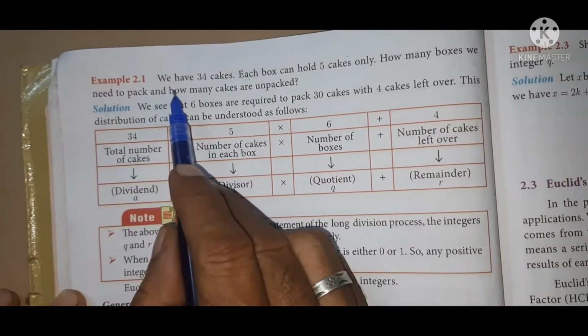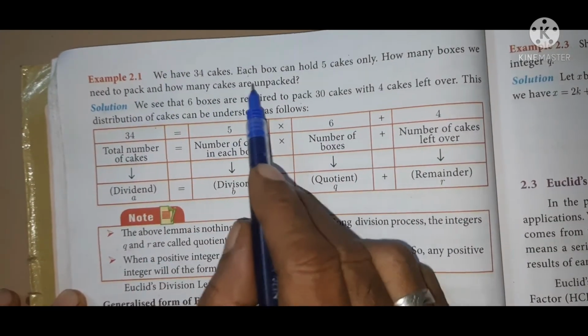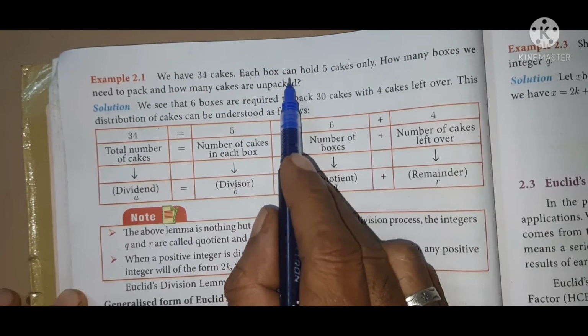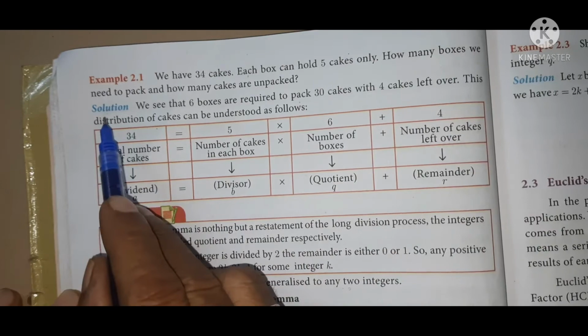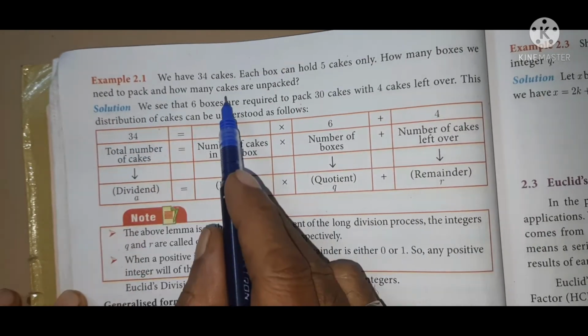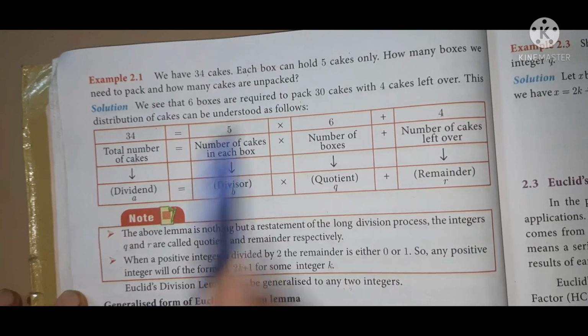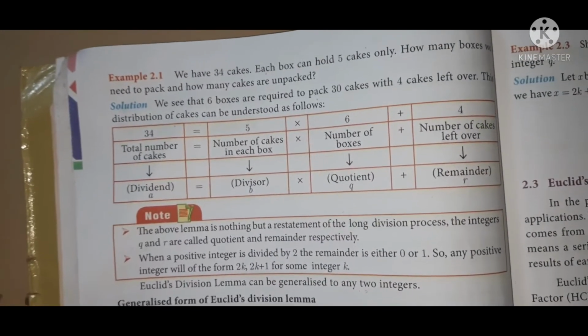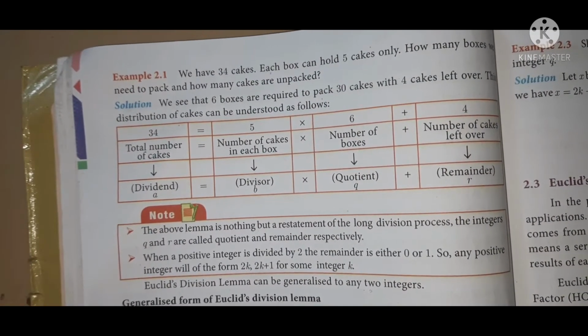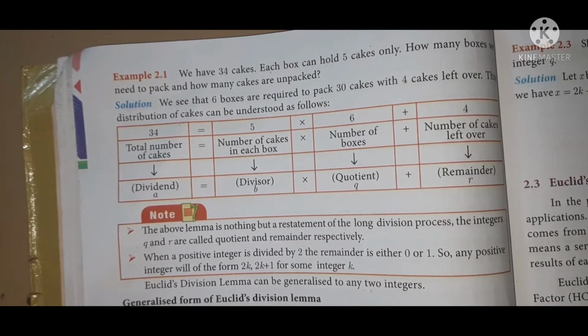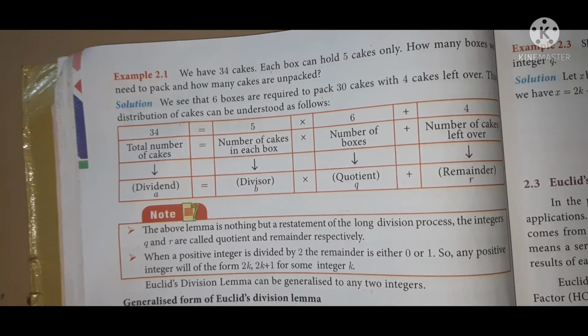Example 2.1. We have 34 cakes. Each box can hold 5 cakes only. How many boxes do we need to pack and how many cakes are unpacked? We have 34 cakes to be parceled in boxes.